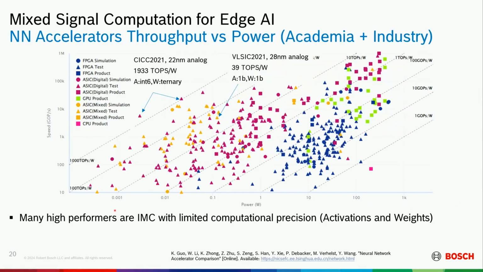So now let's add everyone else in this plot. And we see that a lot of the high performers are in-memory compute. For instance, this one here, even though they say it's digital, I disagree with that, because it's basically SRAM based with current summation.